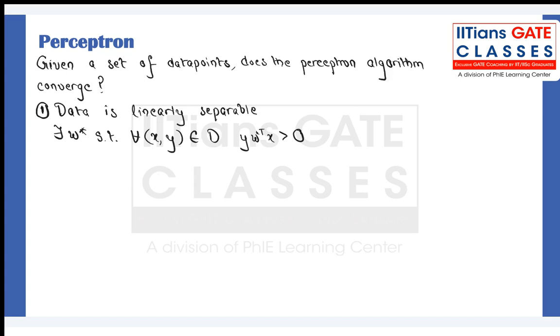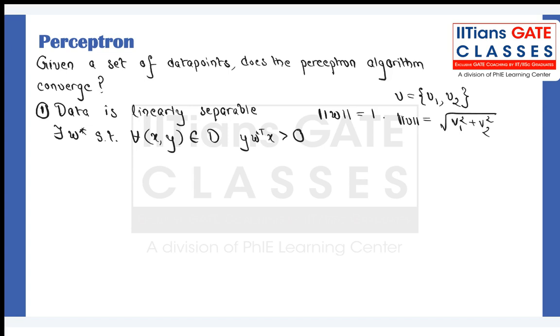Okay. And another assumption I make is that the norm of W star is 1. What is a norm? Norm denotes the length. So if you have a vector v of, let's say, two elements v1, v2, the norm of v is nothing but root over v1 square plus v2 square. Other term that you might have heard of is called magnitude of a vector.